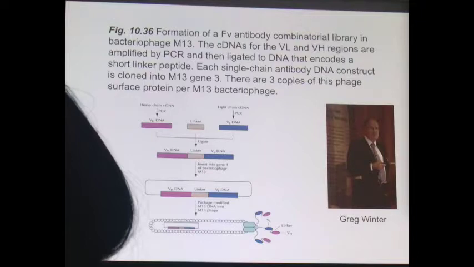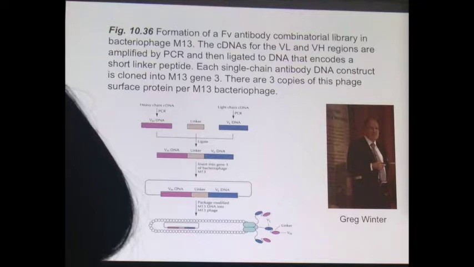And there's actually 3 copies of protein 3. And so what we have on the surface, the way this is constructed, because we made a fusion protein, okay? On the surface of the fusion protein, we're making a single chain FV fragment. And we're making 3 copies of that.